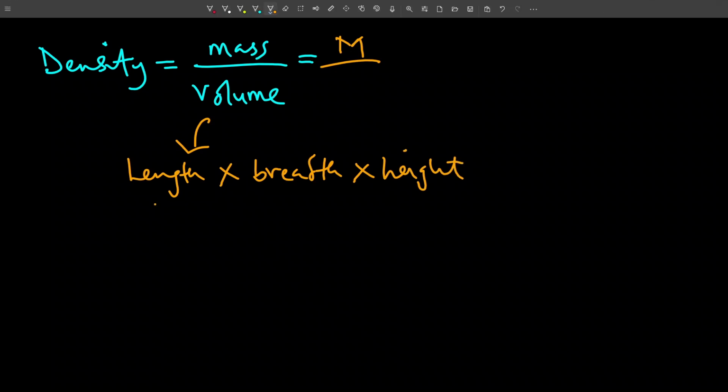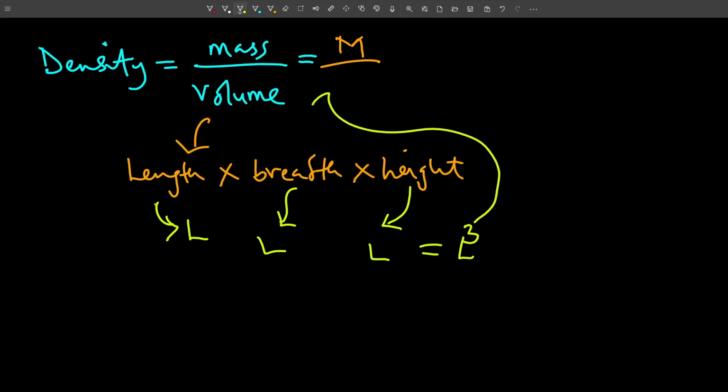So the dimension for length is L, for breadth is L, for height is also L. So this is going to give me L times L times L. That will give me L raised power 3. So bring that here. What are you going to have? This is going to give me L raised power 3. So our dimension here is M L raised by minus 3.